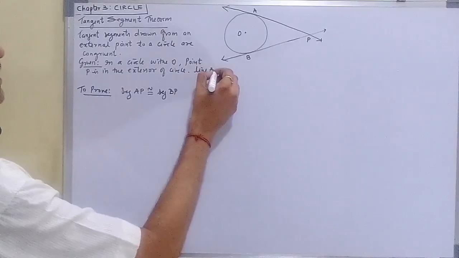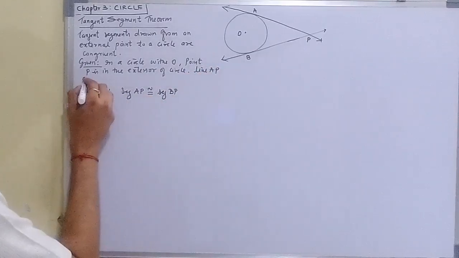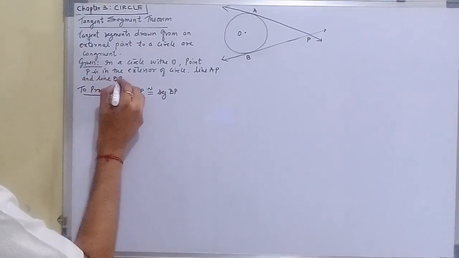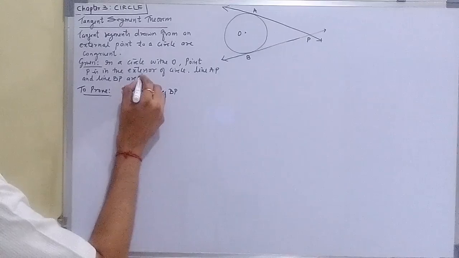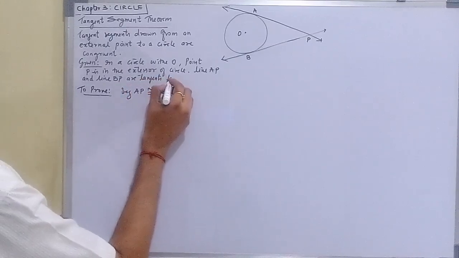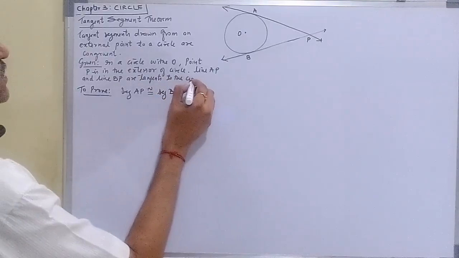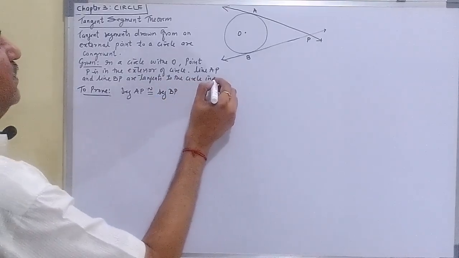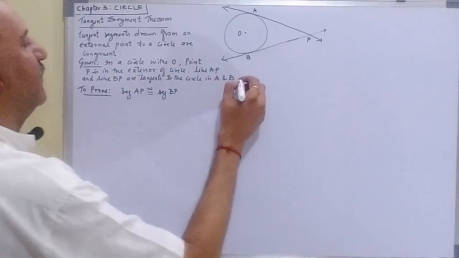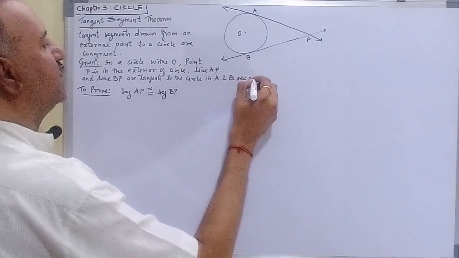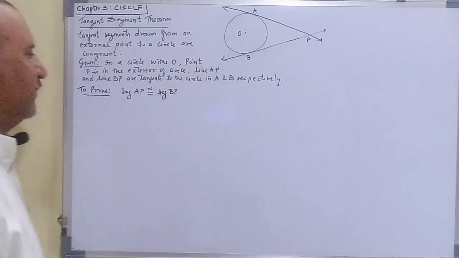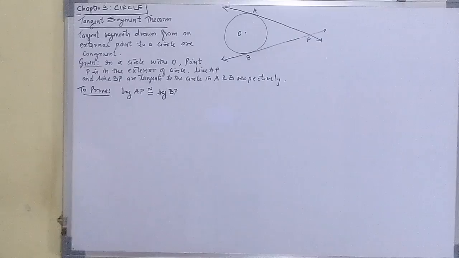Line AP and line BP are tangents to the circle in A and B respectively. To prove AP congruent to BP.